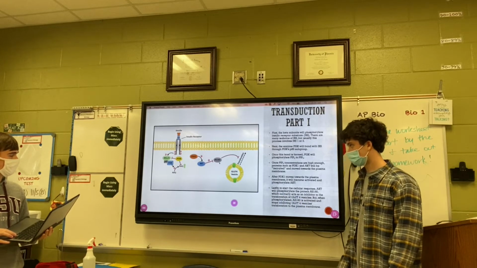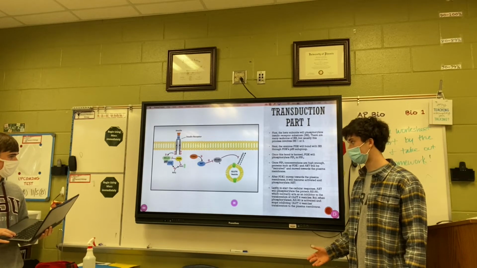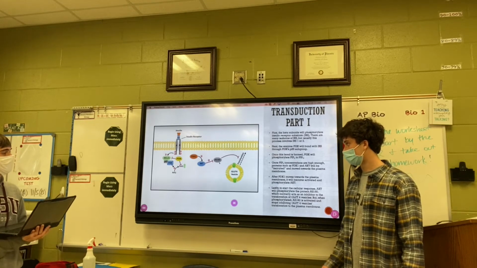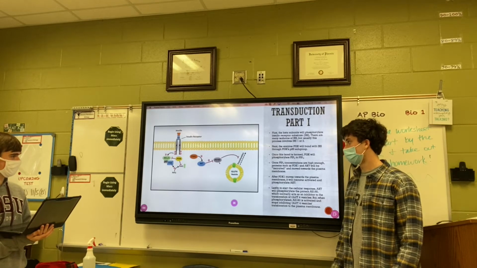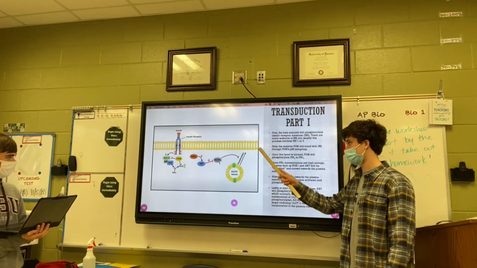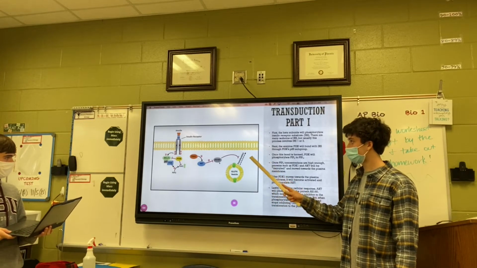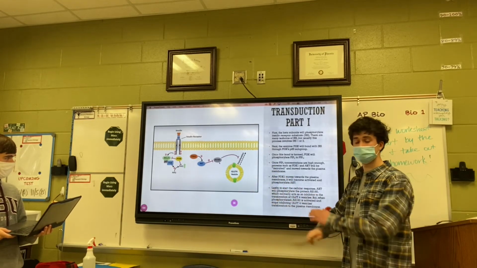AS160. Now, AS160 typically is not phosphorylated. When it's not phosphorylated, its job is to prevent the translocation of a GLUT4 vesicle into the plasma membrane. So the GLUT4 vesicle wants to go into the plasma membrane, but AS160 typically just stops that.